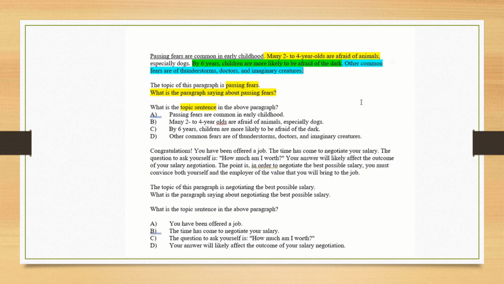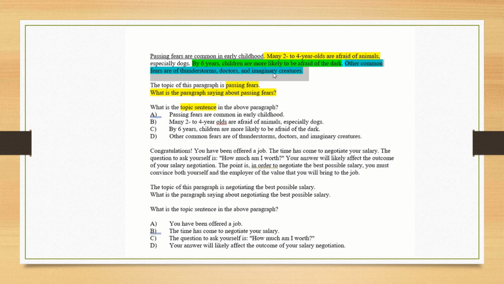Remember, whatever your main idea sentence is, all the other sentences will support it, explain it, or give more information about it. For instance, let's look at the last sentence: "Other common fears are thunderstorms, doctors, and imaginary creatures." If this was the main idea, then the other sentences would only talk about thunderstorms, doctors, and imaginary creatures.